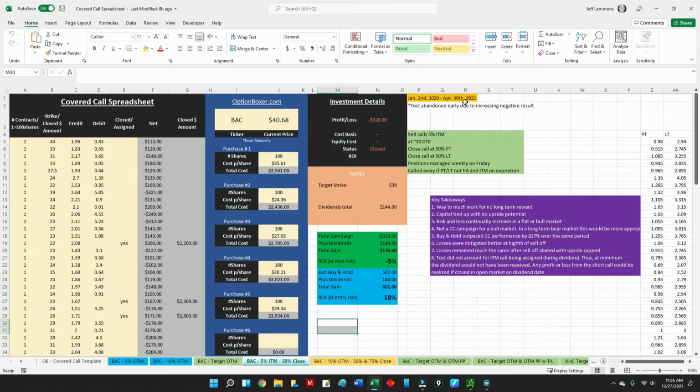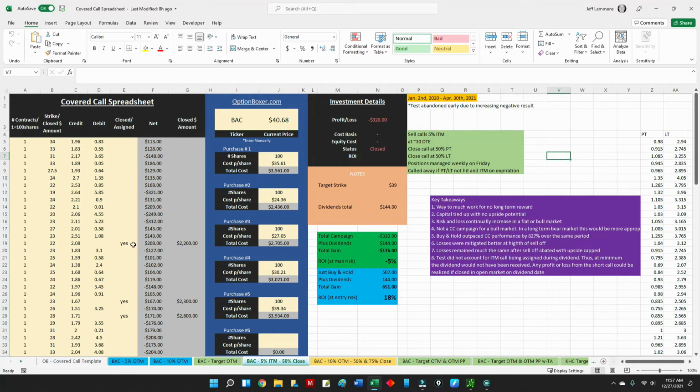January 2nd through April 30th of 2021 is all the data I have here. But you can see there's a lot of data entry over here. So there was way too much work for no long-term reward. You can see the covered call campaign using this strategy. I was going to sell calls 5% in the money at 30 days to expiration, thinking maybe I would get some downward movement, and I was going to close at a 50% profit, or I was going to close the call at a 50% loss target.